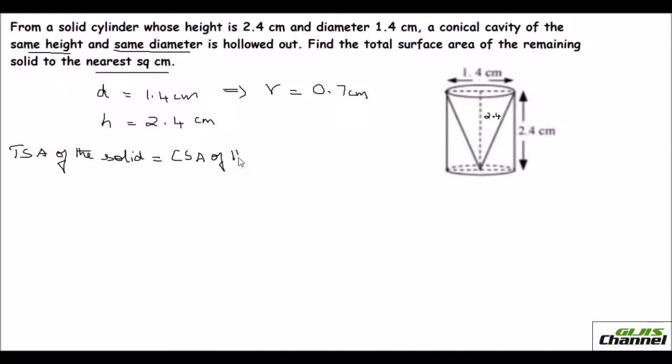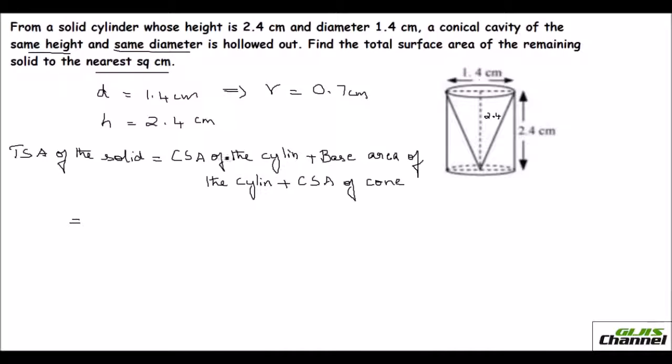And then you will need to add the base of the cylinder, right? So add base area of the cylinder. Then inside it will be curved surface area of cone. Okay, so if you add all this you get the answer.